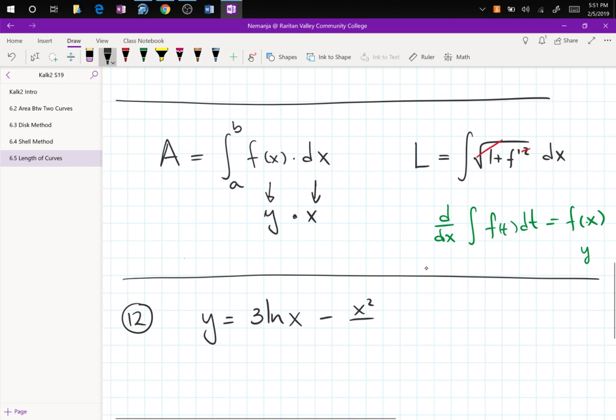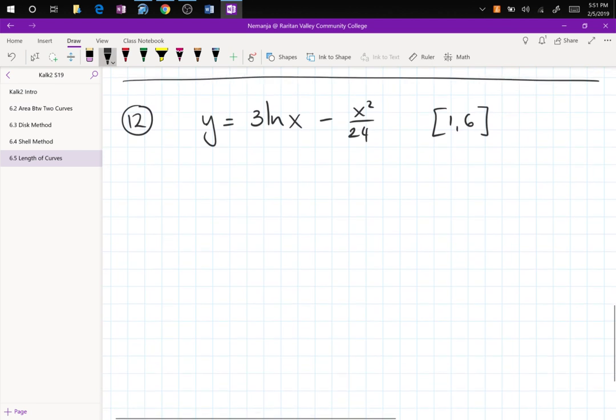The function is 3 ln x minus x squared over 24 on the interval 1 to 6. So this is problem 12. And in order for us to use the formula, we are supposed to take the derivative of the function, square it, plug in, add 1, and then grind through the rest of the calculations.